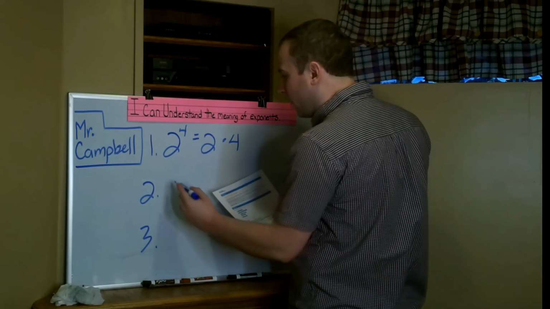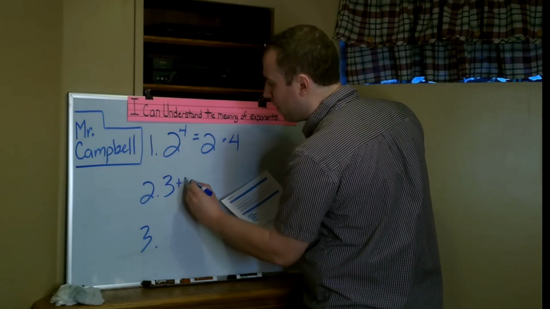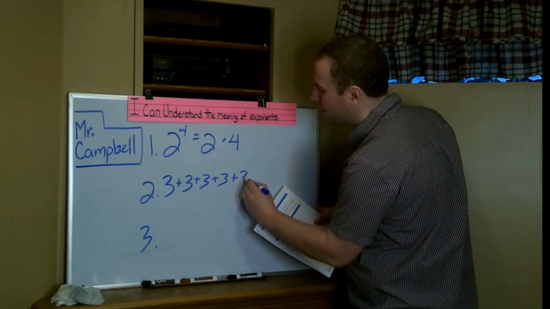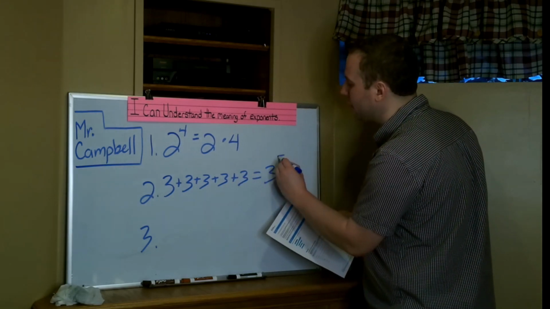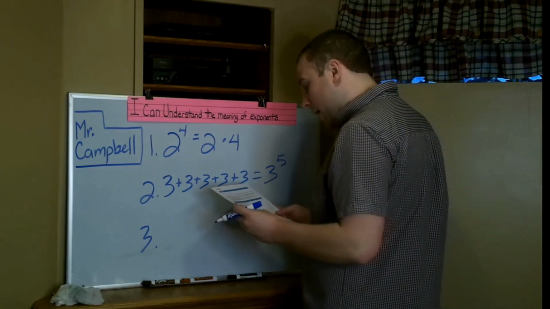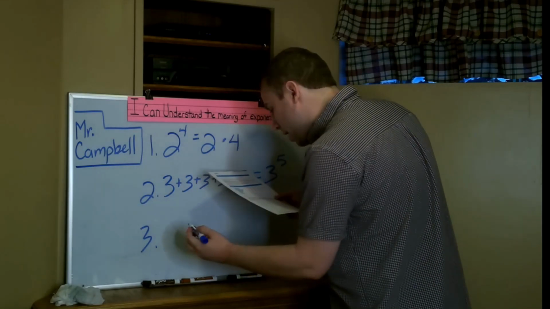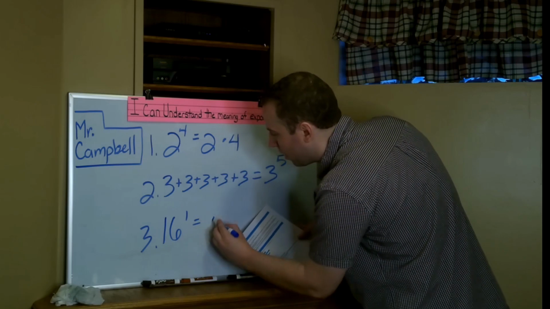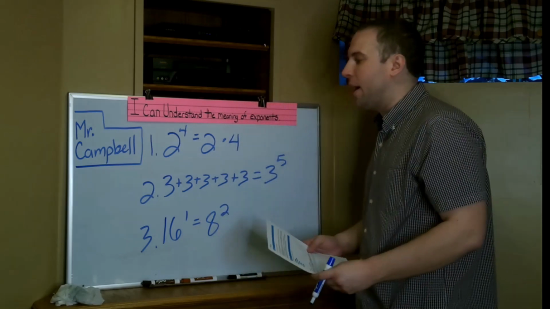My second problem: I have 3 plus 3 plus 3 plus 3 plus 3 equals 3 to the 5th power. And I have 16 to the 1st power equals 8 to the 2nd power.